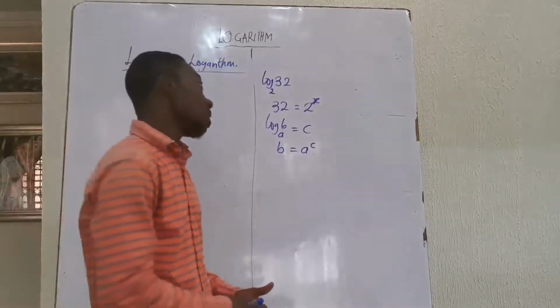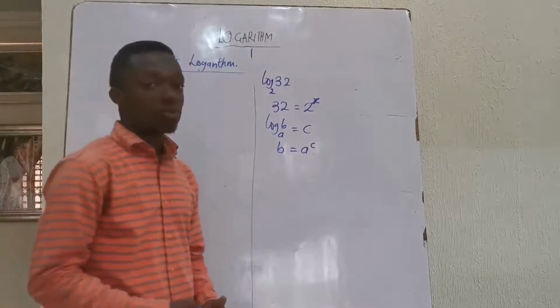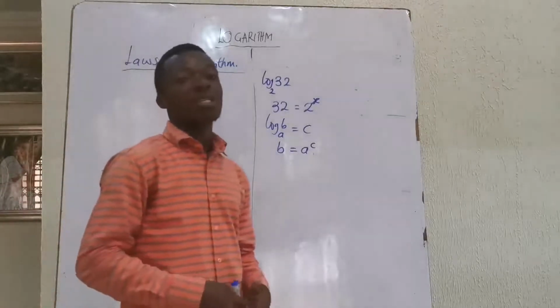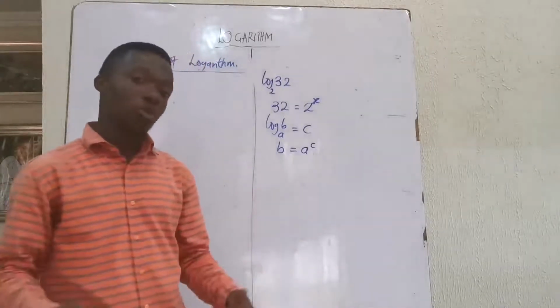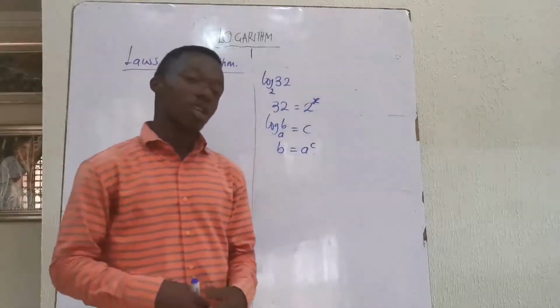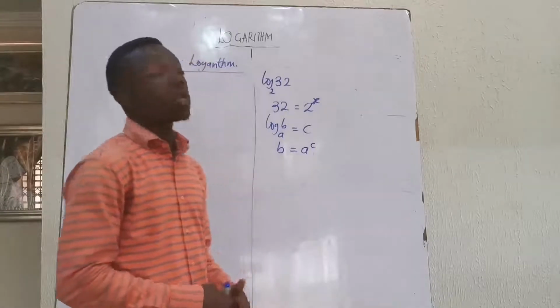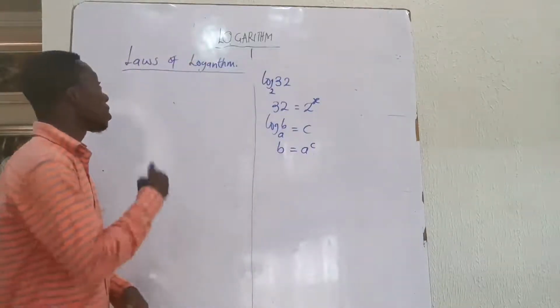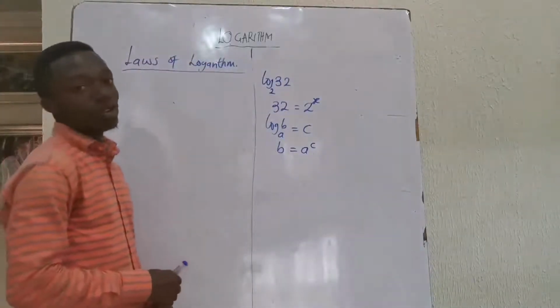That's what we discussed in part 1, but you can check the detailed explanations and the examples that we solved. The links are in the description section of this video. Just go through and check after watching so that you can also understand that concept. So let's continue with the laws of logarithm.